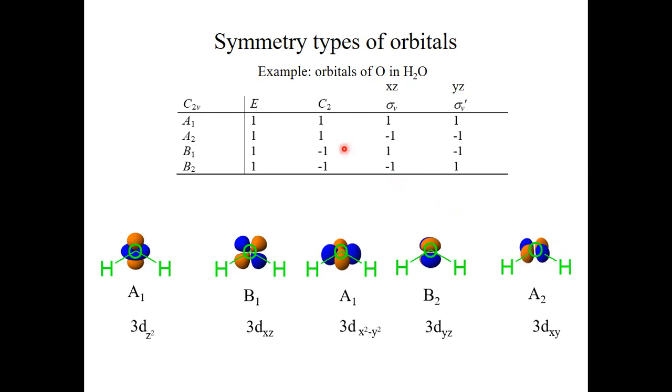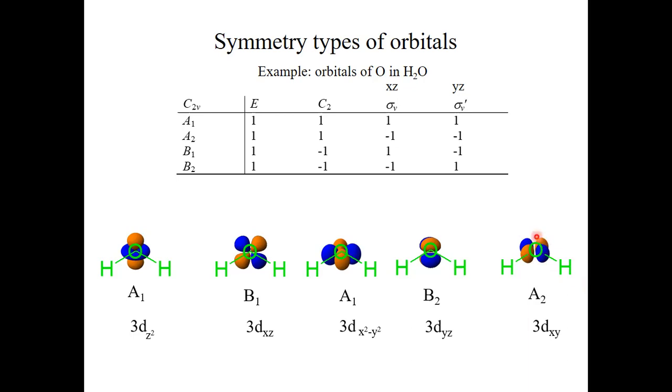So it has to be A-type, but it's not A1, but A2, because as we reflect, the algebraic sign changes. So as we reflect at the mirror plane, which is in the plane of the molecule, the algebraic sign changes because these two here are being swapped, and these two here are being swapped.